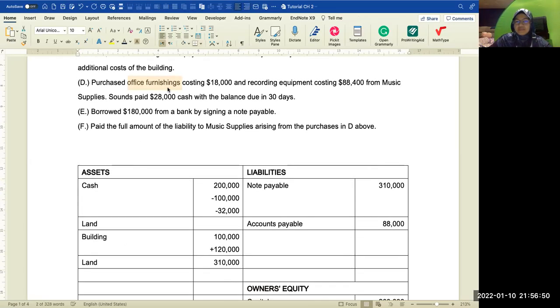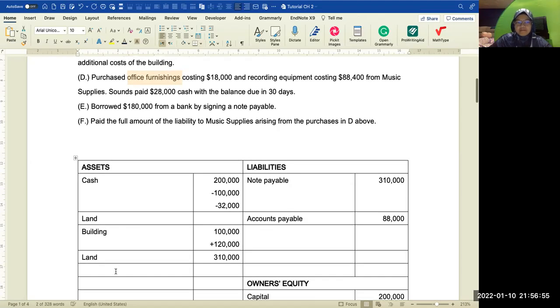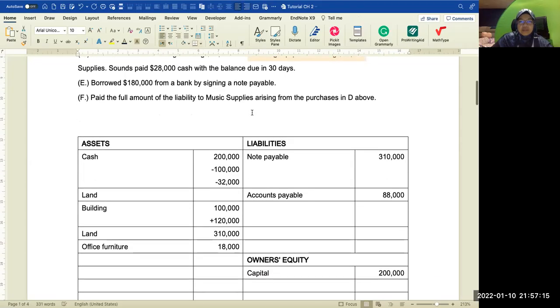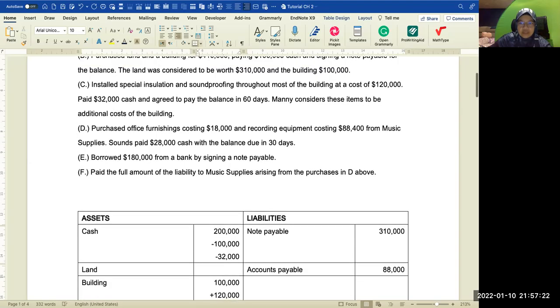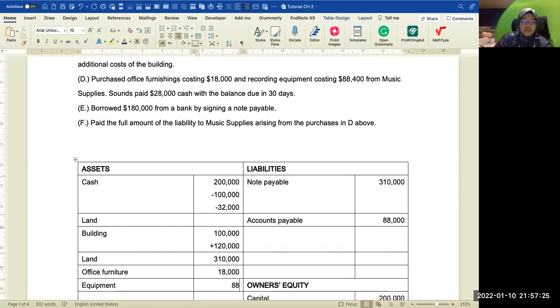Okay, for this one, purchase office furniture, an asset amounting to 18,000. So you put asset, office furniture, 18,000. And recording equipment costing 88,400. So what happened?